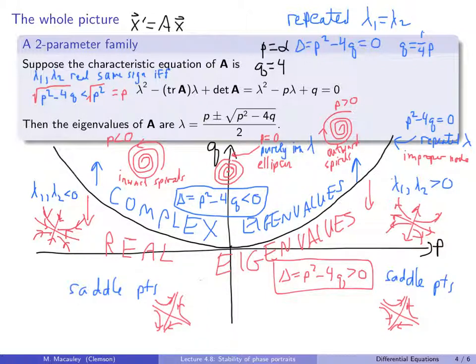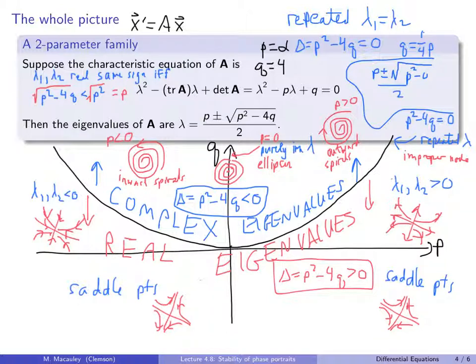Okay, so now what happens when we are on the p-axis? This happens when q equals 0. So when q equals 0, we have p plus or minus the square root of p squared minus 0, over 2.